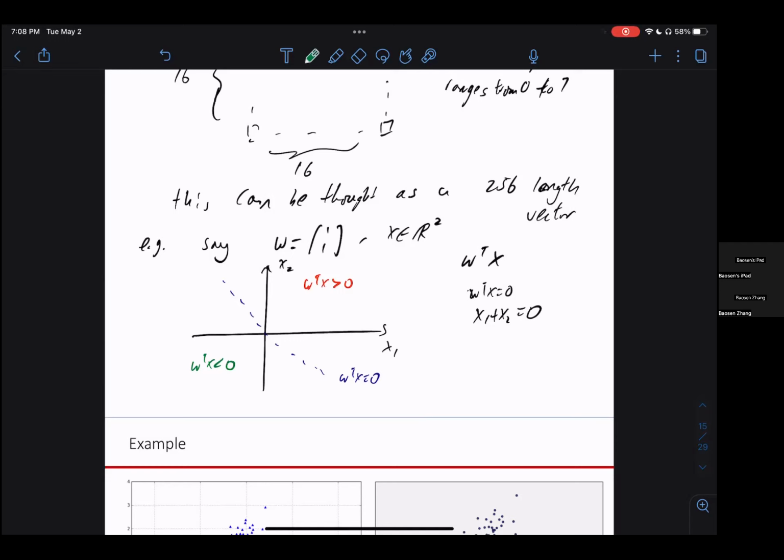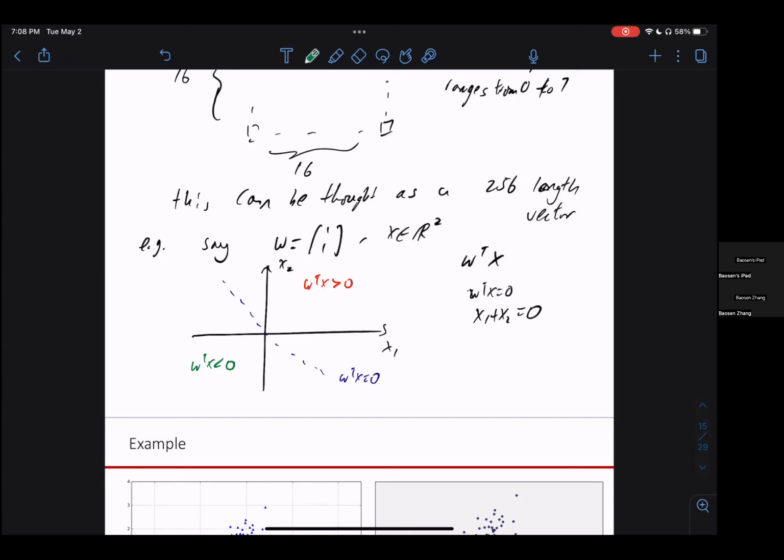You take some input and you want to convert it to a scalar number. The easiest way to do it is just to multiply it by a vector. So I have a vector as an input, and I need to get it to a number. How do I do this? I multiply by another vector, and I look at whether it is larger than 0 or smaller than 0. Different W's define different lines.